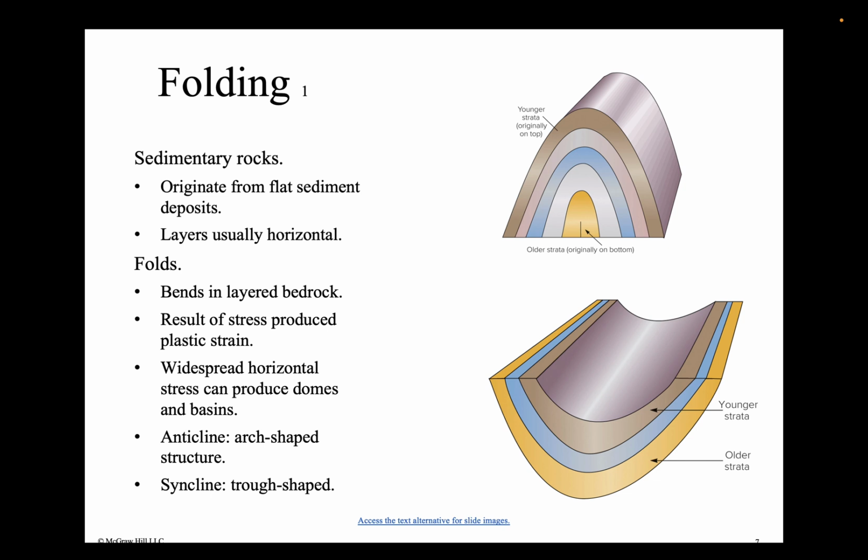All right. Some examples here, just so you guys know what I'm talking about. The Appalachian Mountains are kind of like this structure. Okay, so the Appalachian Mountains are this arch-shaped structure that we call an anticline.